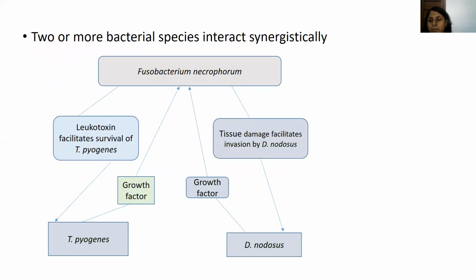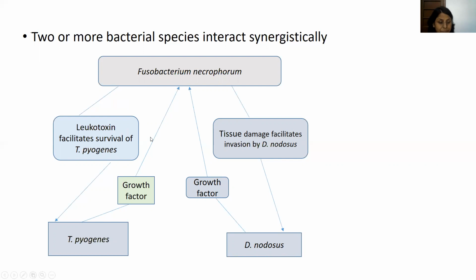These anaerobic bacteria also act synergistically, meaning two or more bacteria help each other. Fusobacterium necrophorum and the tissue damage it causes facilitate the invasion by Dichelobacter nodosus, and Dichelobacter nodosus in turn provides the growth factor which helps Fusobacterium necrophorum.